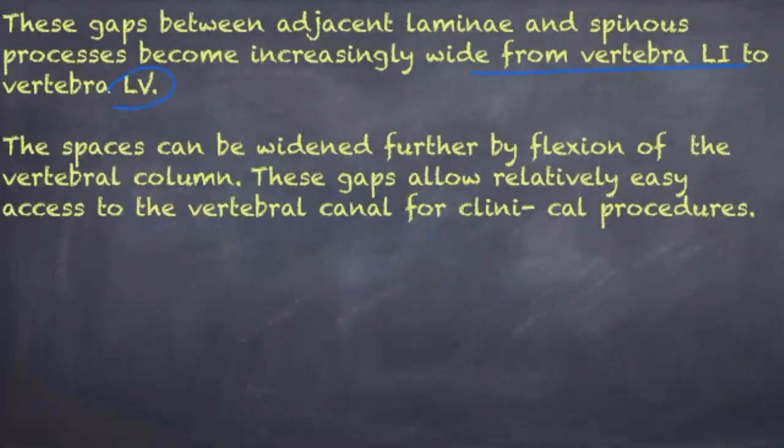Space can be widened further by flexion of the vertebral column. That means if we bend forward, the space will be widened again. These gaps allow relatively easy access to the vertebral canal for clinical procedures like lumbar puncture or epidural.